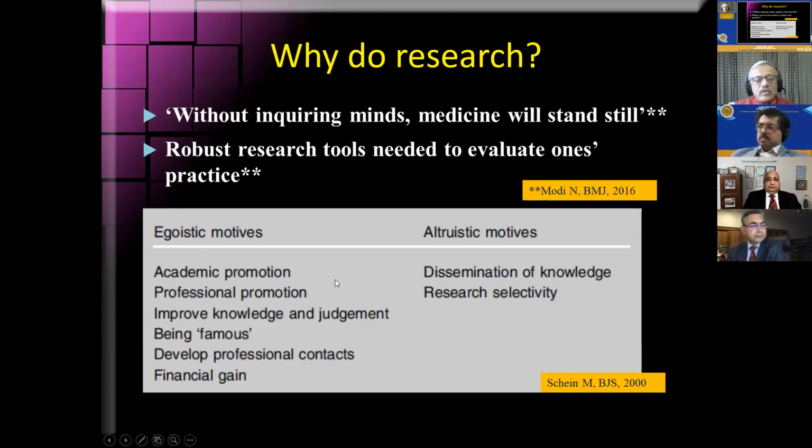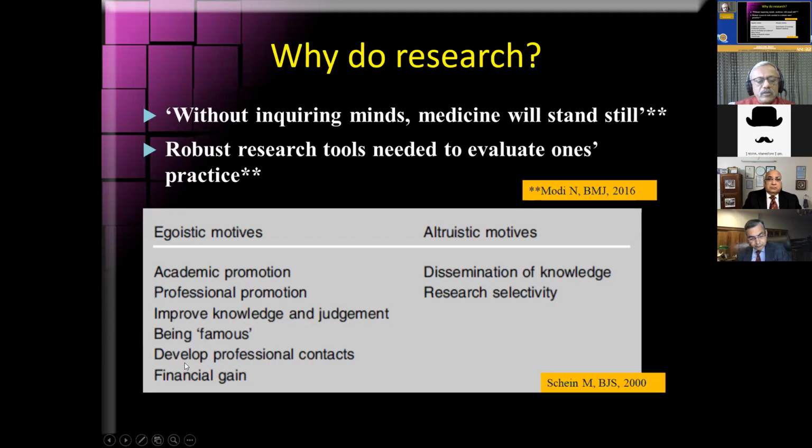But then you can see that academic promotion, professional promotion, your standing amongst your peers, your capacity for judgment, which is an extremely important factor for clinical success in what you do. And of course, the ego of being known all around.